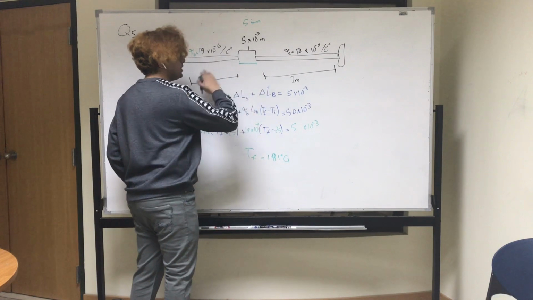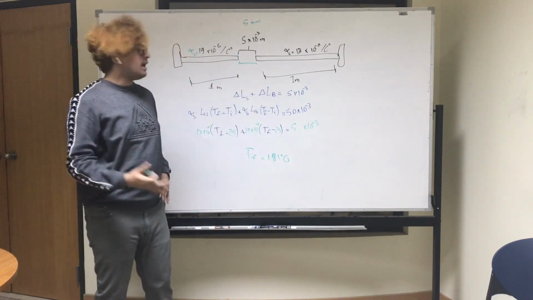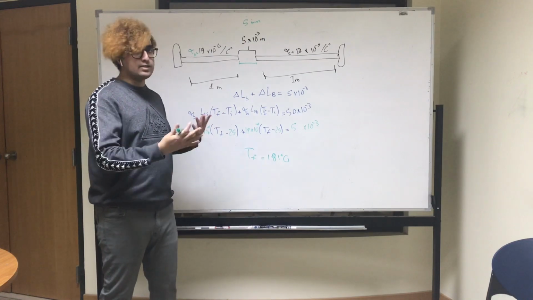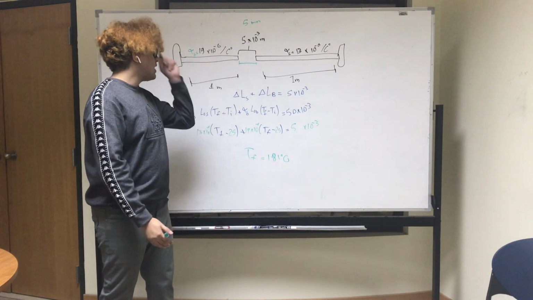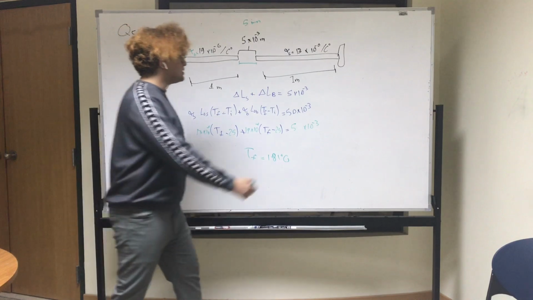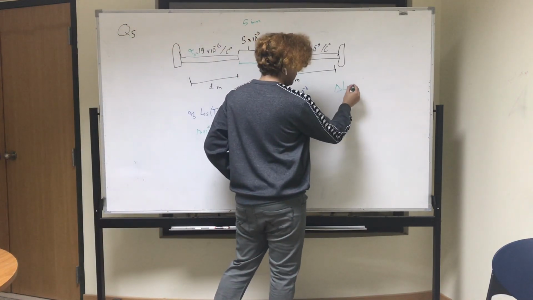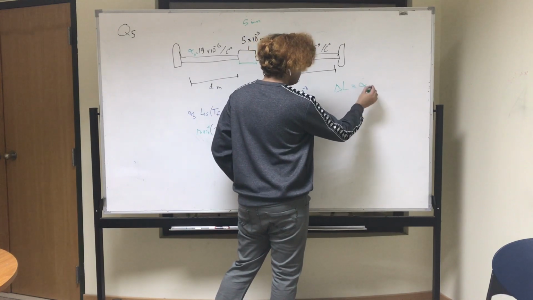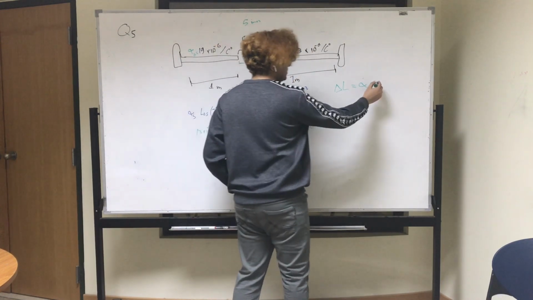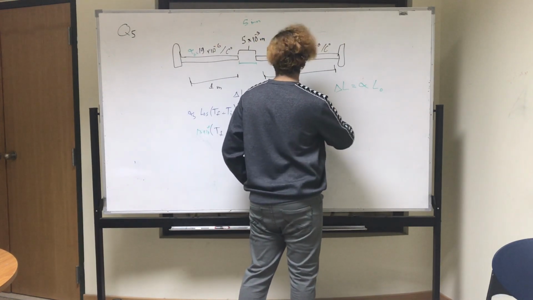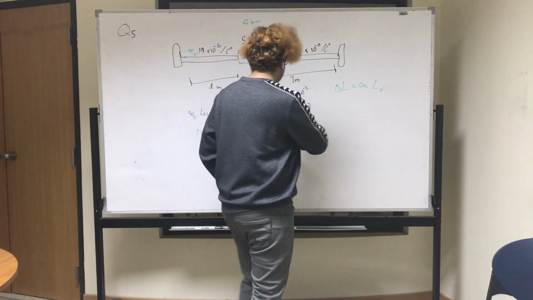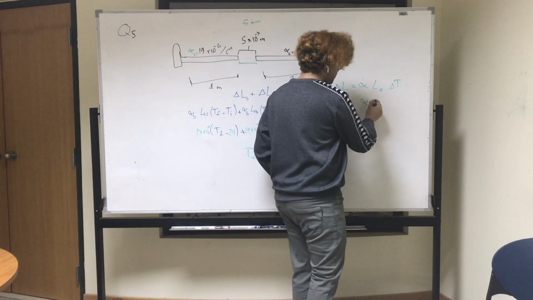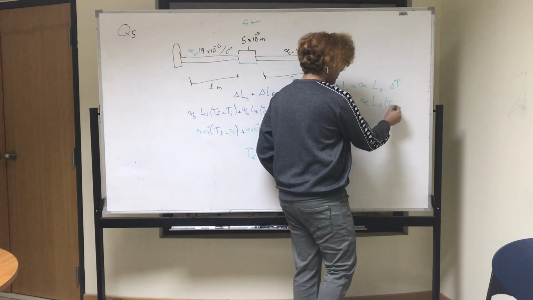So we know from our thermodynamics lessons that when we heat something up, it expands, its length increases. And the equation for expansion is: the change in length is equal to the coefficient of expansion times the initial length times the change in temperature. If you expand this, you're going to have T final minus T initial.